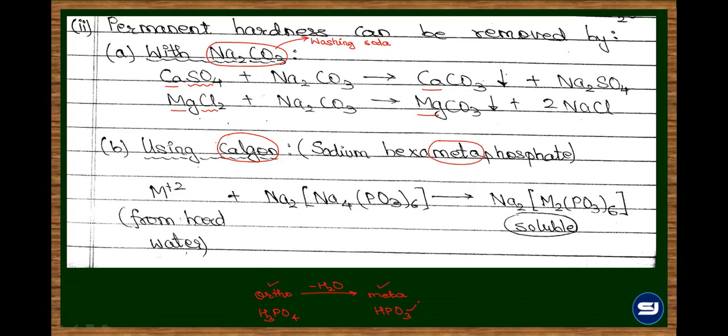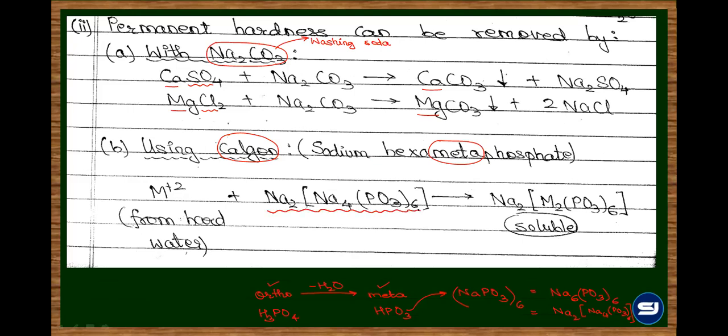So the sodium salt of HPO3 would be NaPO3, and if I repeat it 6 times, it will become Na6(PO3)6. This is written as Na2[Na4(PO3)6]. This is called complex representation. You will understand this later, but how the formula came, that is what I have explained.